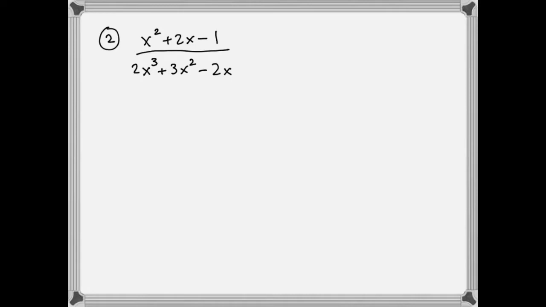We need to factor the denominator. So let's factor 2x cubed plus 3x squared minus 2x. The first thing I can do is pull out an x. If I pull out an x, I get 2x squared plus 3x minus 2.